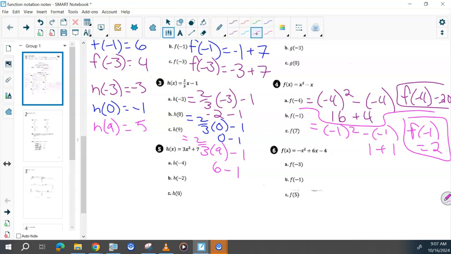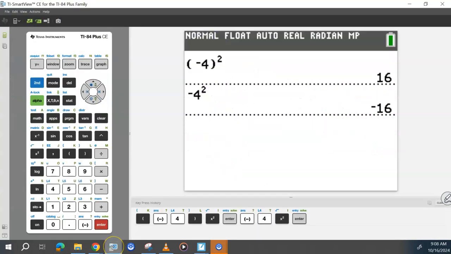Any questions so far before we do this last one? Why is the negative 4 on the first one go to positive? Do you know this? Because a negative times a negative is a positive.